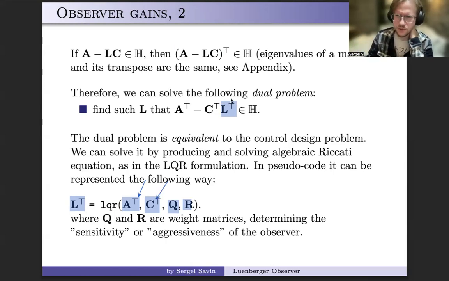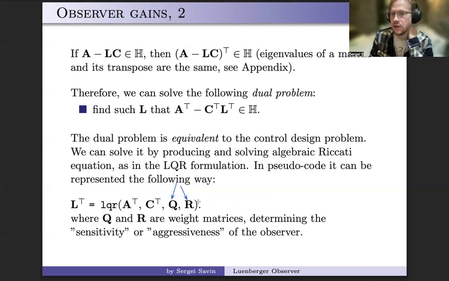We don't need to go through LQR one more time for observers, because this is sufficient. And those Q and R will determine the aggressiveness or sensitivity of your observer.